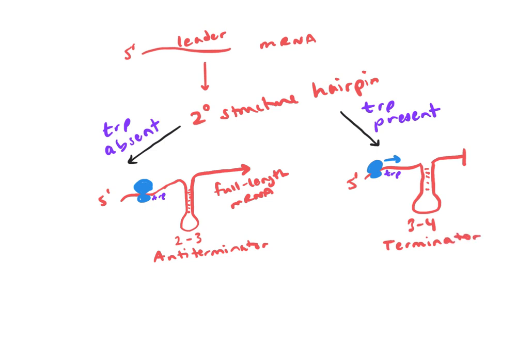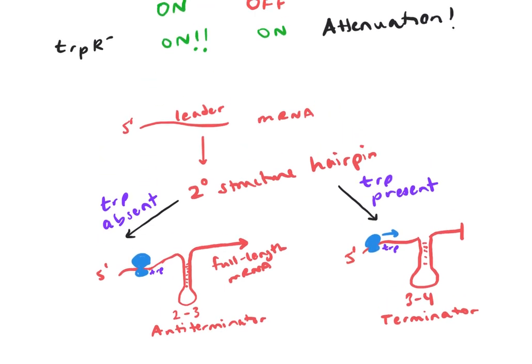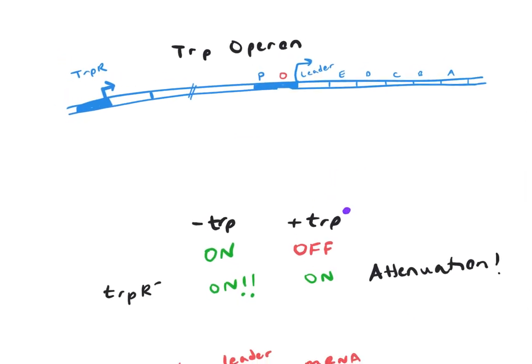Here we're reducing the mRNA that's made, so we should be reducing the proteins of the operon and eventually not making tryptophan anymore because there is tryptophan present. So again, the trp operon is a repressible operon, which means that it is turned on normally, and then it gets turned off when the product accumulates.